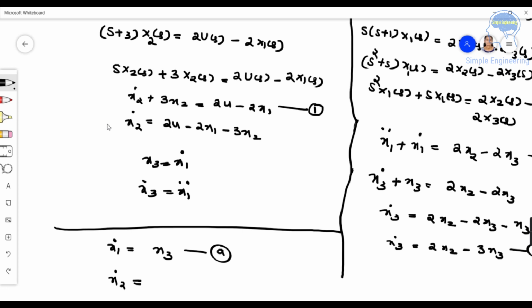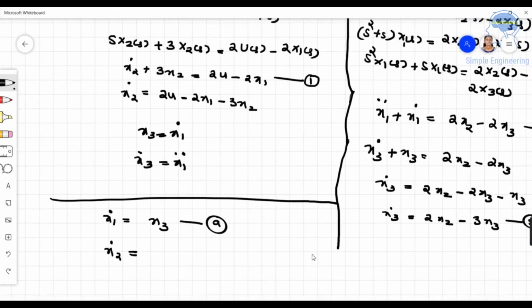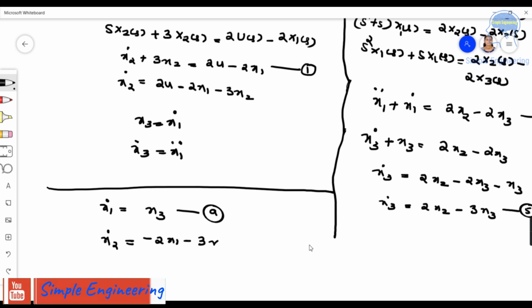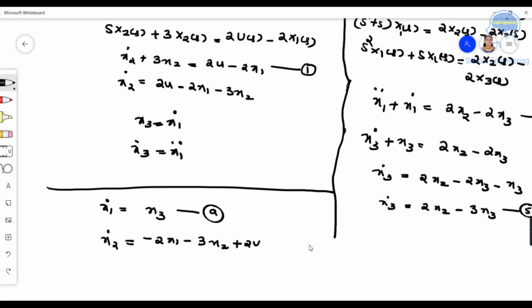So x2 dot is equal to, we can write the x1 term first, minus 2x1 minus 3x2 plus 2u. This is equation number B. Next is x3 dot, that is 2x2 minus 3x3. This is equation number C.